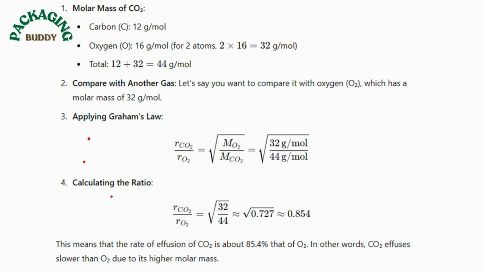The result is root 0.727, which means the final result is 0.854. This means that the effusion rate of CO2 is about 85.4% that of O2. In other words, CO2 effuses slower than O2 due to its higher molar mass.